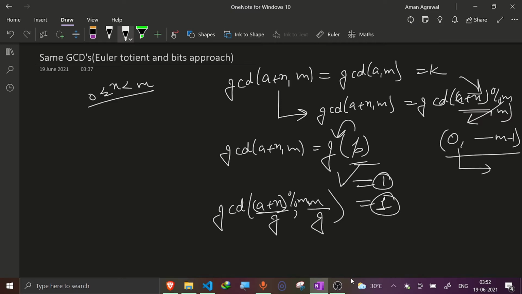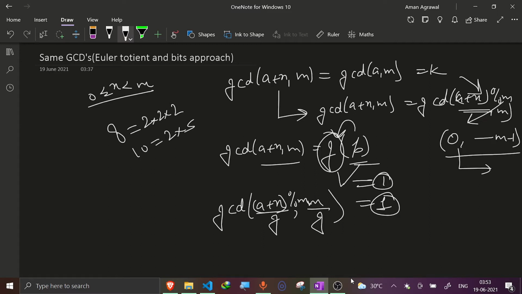Now, why can I say this? Because the GCD of this and this was g only. So after I divide both of them, there would be no common factor present in them. Suppose I'm taking 8 as 2 into 2 into 2 and 10 as 2 into 5.